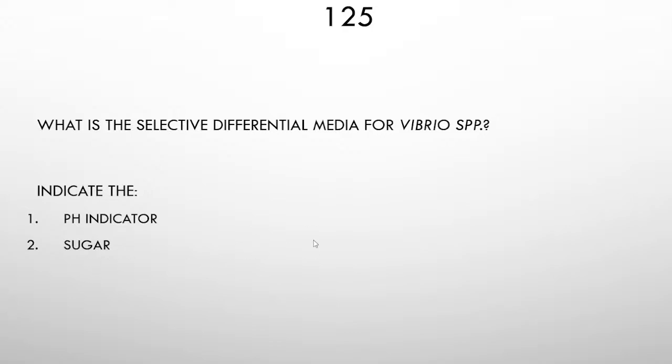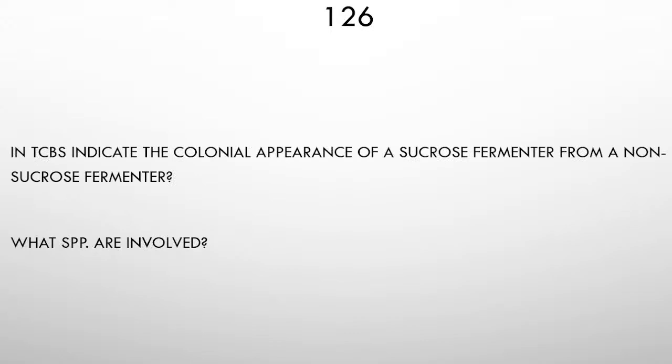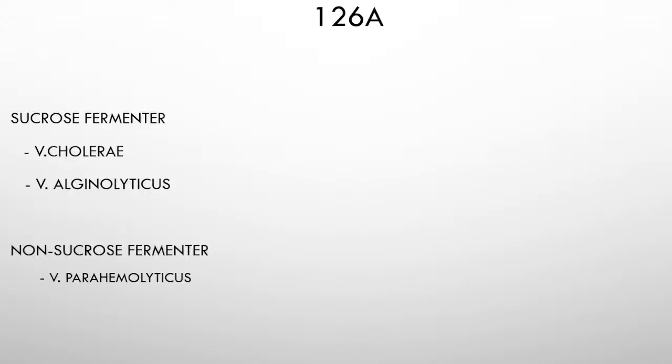Other organisms aside from Vibrio cholerae would produce a blue or greenish color, except for Vibrio cholerae, which will produce yellow colonies. We'll talk about more of that later when we move on to microorganisms, or maybe next week. In TCBS, Vibrio cholerae, a sucrose fermenter, will produce yellow colonies, and non-sucrose fermenters such as Vibrio parahaemolyticus will produce green or blue colonies.